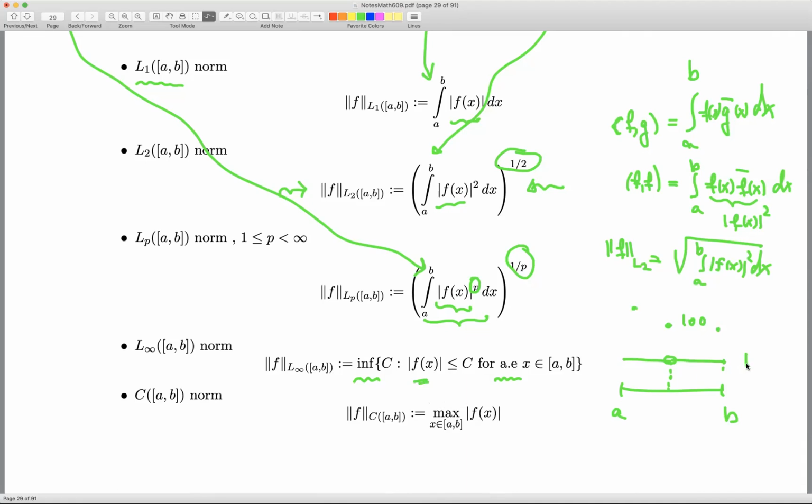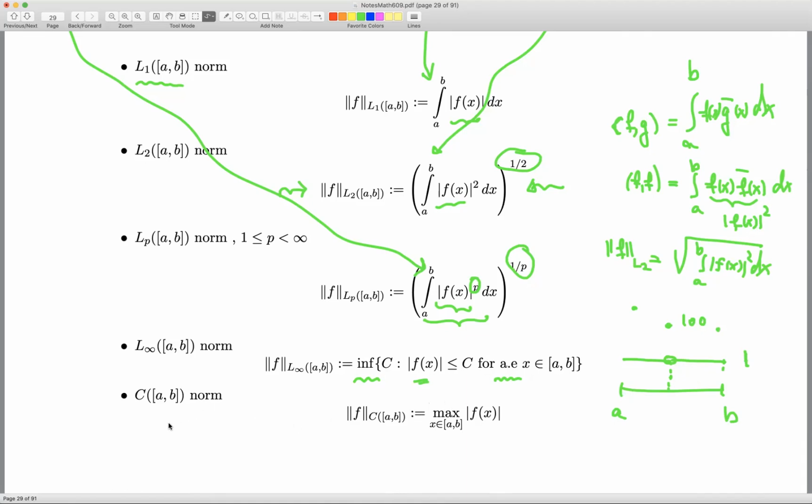Still, the infinity norm will be 1. So it is the smallest c for which the function is bounded from above by this c for almost all x. That means it is not bounded by c only for x that make up a set of measure 0.